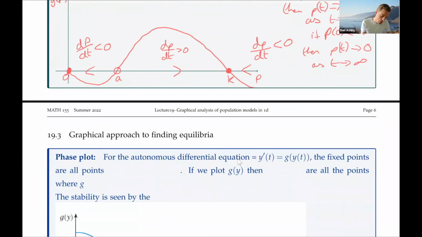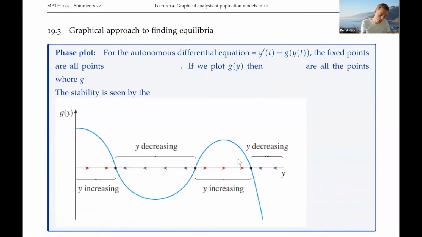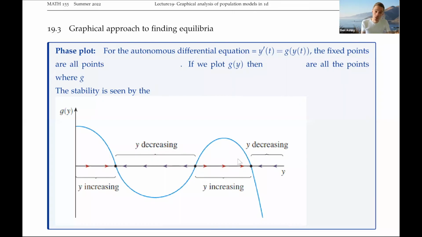We can generalize this. So this is called a phase plot. And if we have some autonomous differential equation, y'(t) is equal to g of y(t), then the fixed points are all points, call them y hat, where g of y hat is equal to 0.